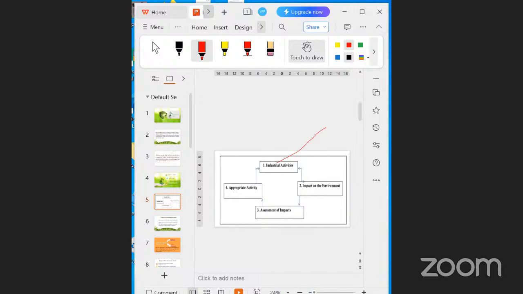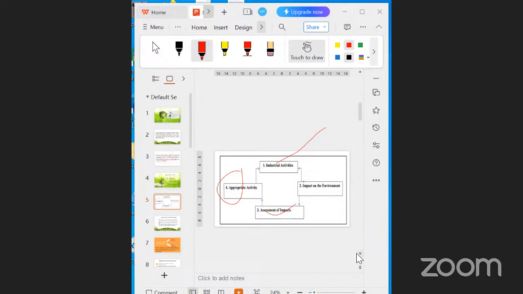Then in environmental auditing, in the third step, we assess the impacts of this activity on the environment. And the fourth one is an appropriate action, which means how these releases can be controlled or what else can be done.